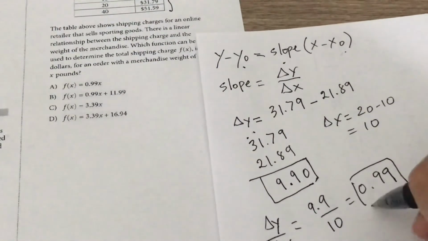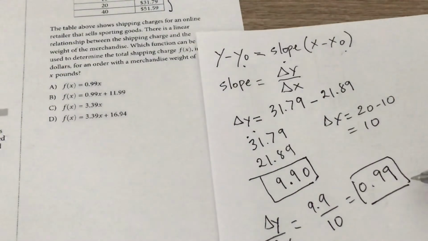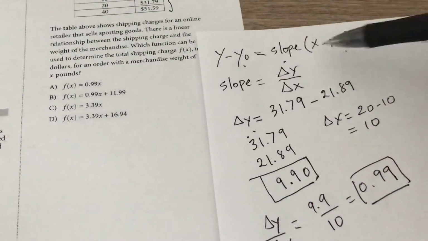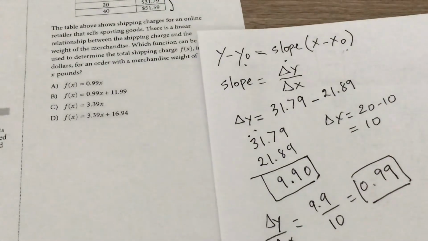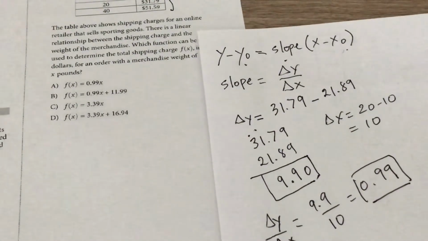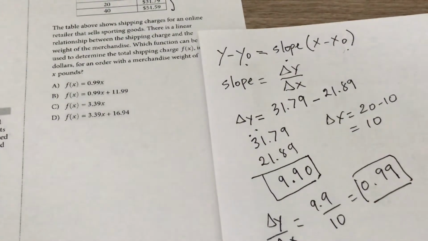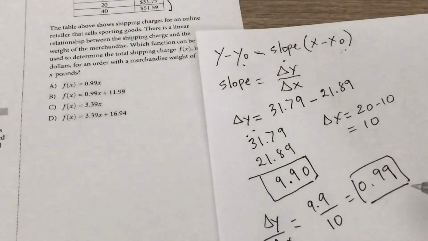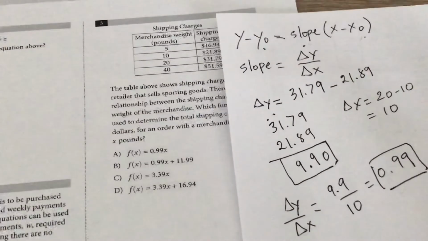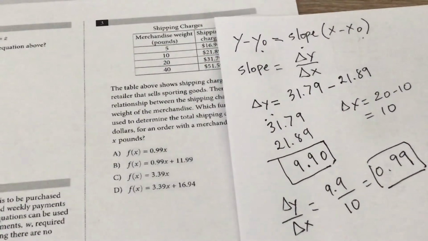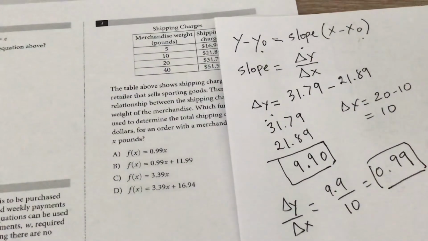Now, you can go back here and pick out another pair and come up with the equation, but that will also take time. So what I would do in this case, when I get to the slope, is look at my choices to try to eliminate some of them.